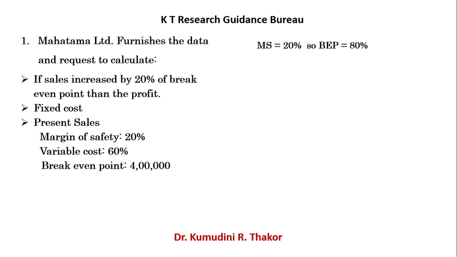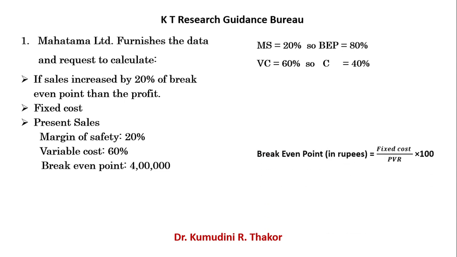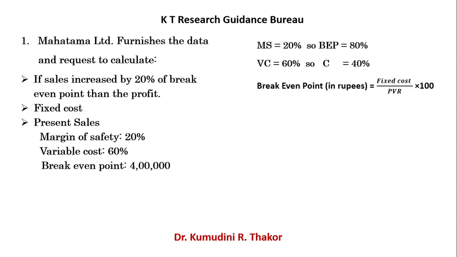Margin of safety 20%. So your BEP equal to 80%. Variable cost is 60%. So your C is 40%. Break-even point in rupees. Now you are familiar with the formula. Fixed cost by PV ratio into 100.